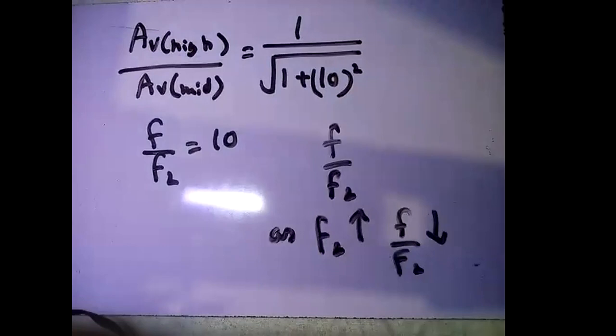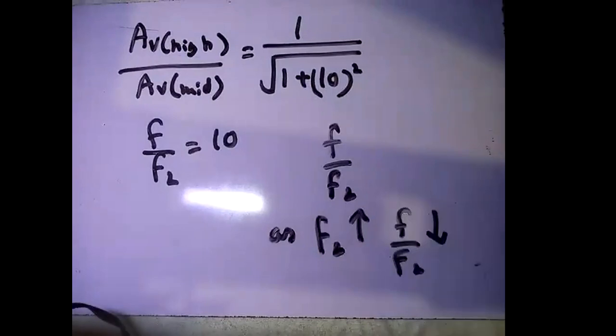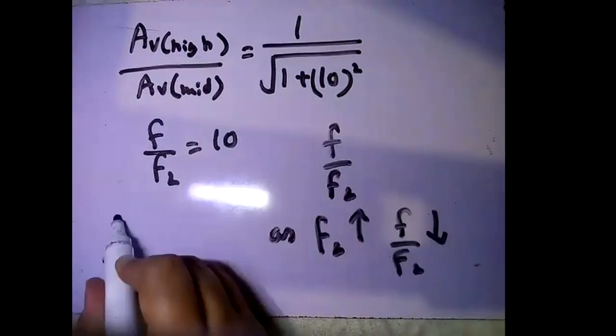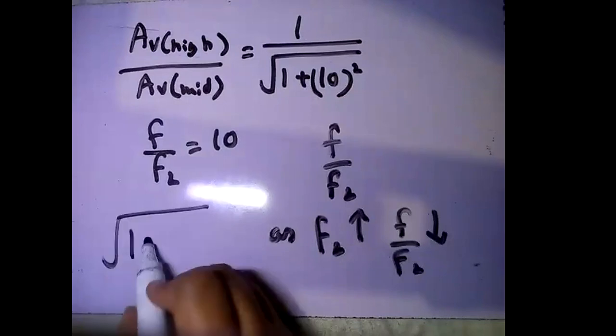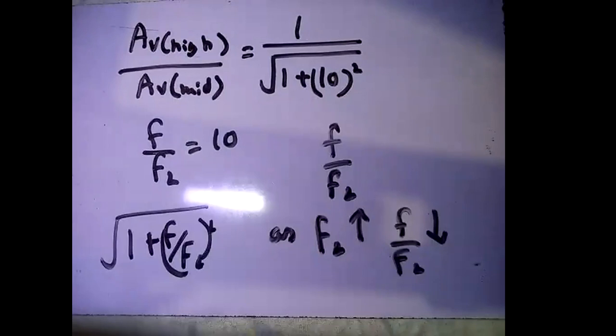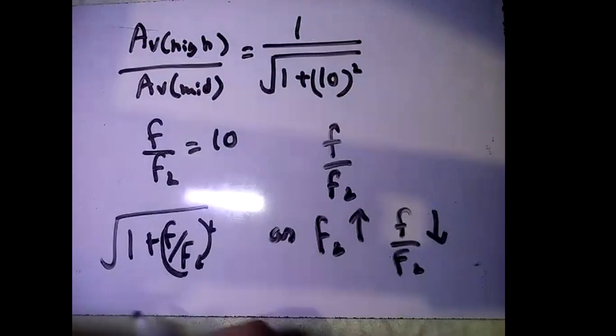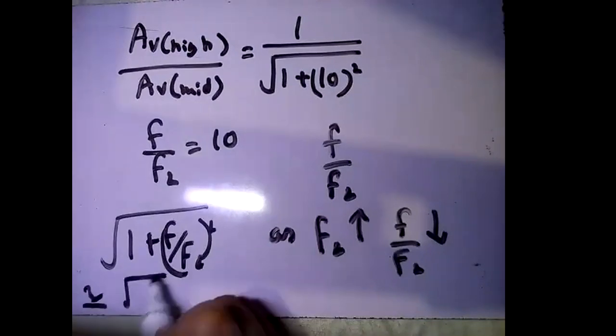If this factor is very small, its square term will obviously also be small, so adding 1 does not make any significant difference. It can be considered approximately equal to (f over f2) whole square.